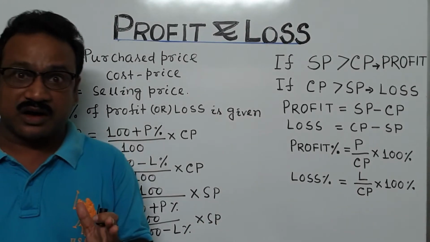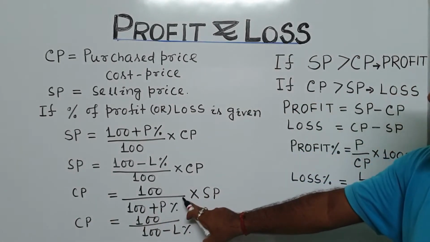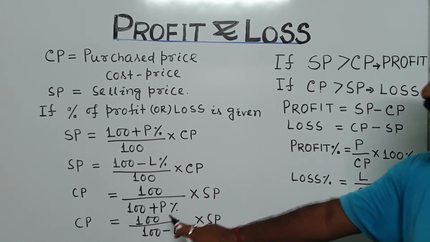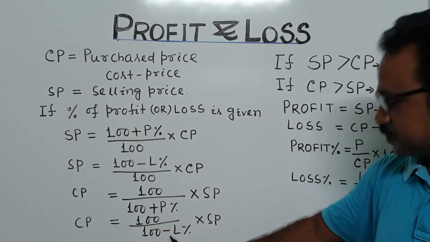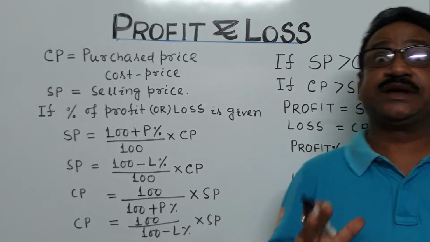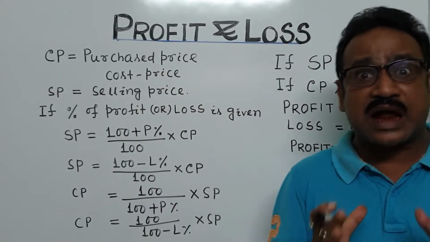So here we can find out the CP if profit percent is given, 100 by (100 plus profit percent) into SP. Now if loss percent is given, then 100 by (100 minus loss percent) into SP. We can find out the CP. So just remember this formula.